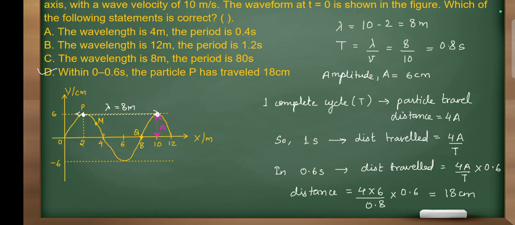Here I am using the unitary method. Now we will put the value of amplitude, that is 6, and time period, that is 0.8, and when we solve this, we will get 18 centimeter. So in option D, within 0 to 0.6 second, the particle has traveled a distance of 18 centimeter. This option is correct.